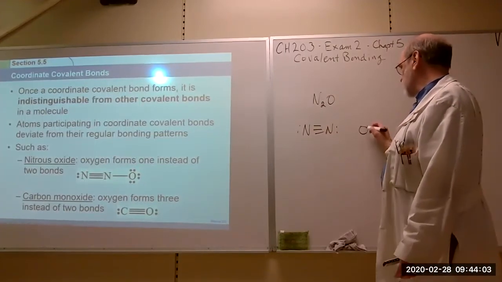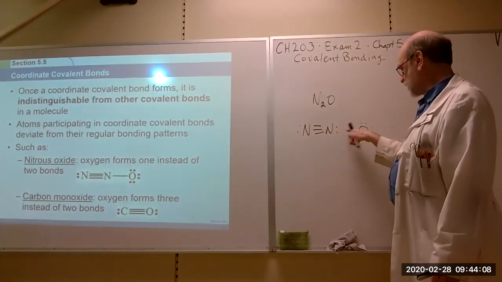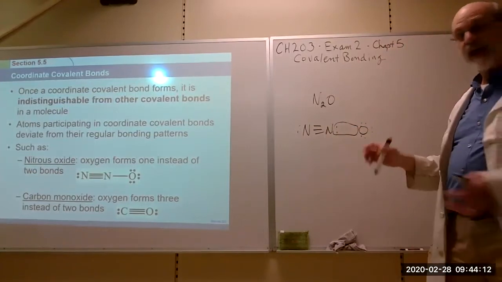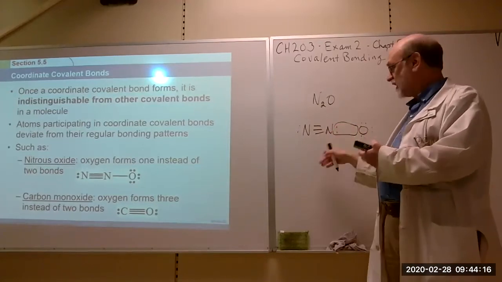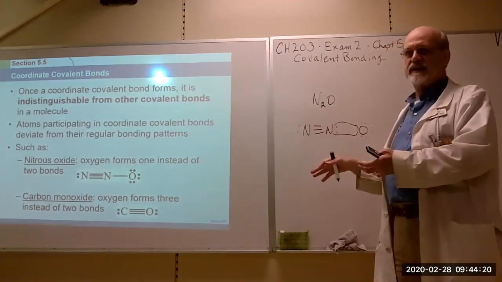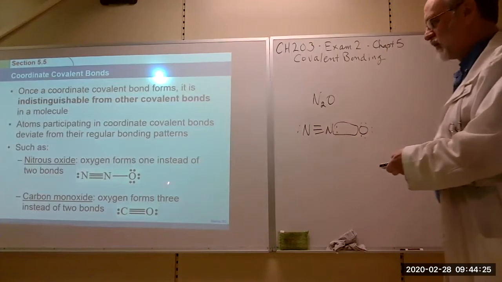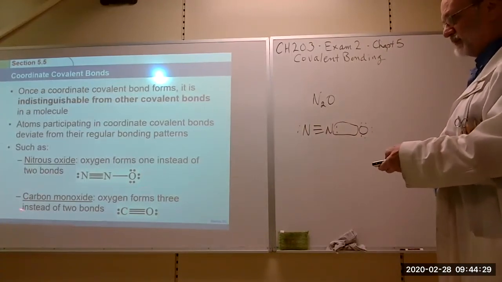So if we approach it with another one of those oxygens, this one donates both electrons, and we form a bond there. Now we've got this nitrogen with 4 bonds, that one with only 3. But they both still have their octets. And that happens by coordinate covalent bonding. Carbon monoxide is another example.